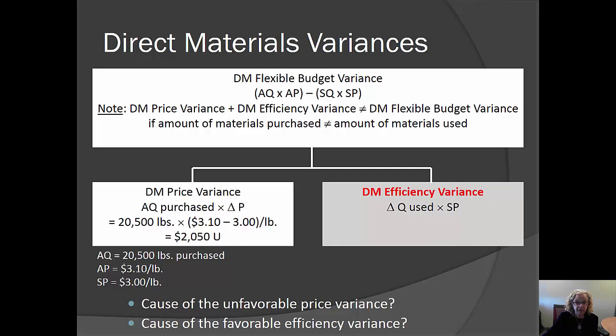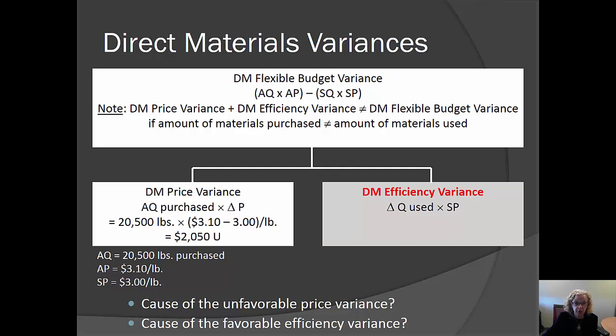For the direct materials efficiency variance, we're going to compare the difference in the amount of materials that we would expect to use for the number of units we actually made versus the amount of material that we actually used. But we're going to multiply that times the standard price.